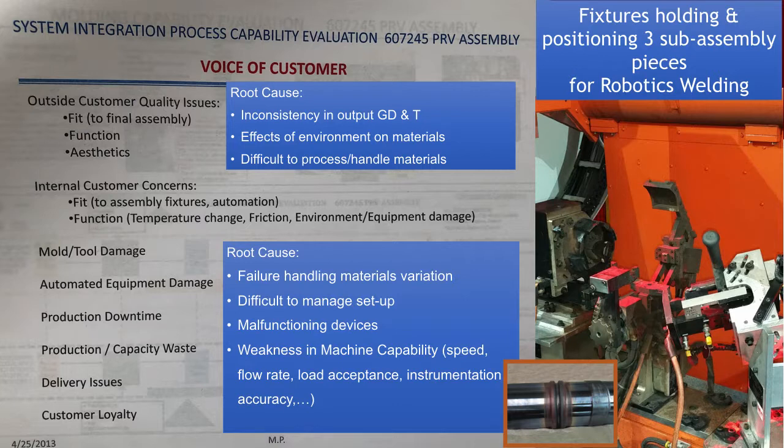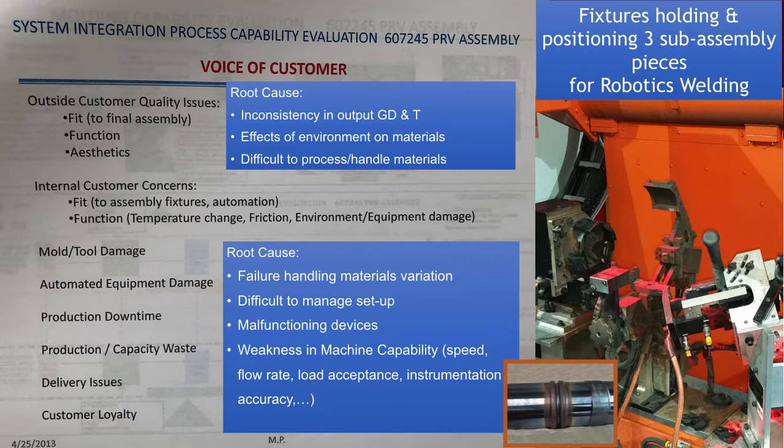If the materials are difficult to handle, they're clumsy, they're floppy, and the automated equipment is not designed to manage it, and it will not deliver a robust output. And internal customer concerns, fit to assembly fixtures to the automated equipment, or function, temperature changes may cause friction between the component and the assembly tooling, assembly fixture.